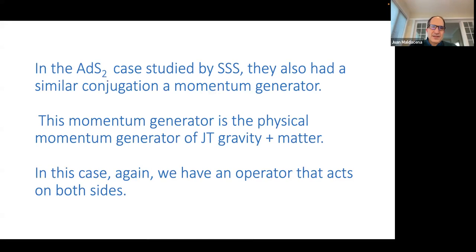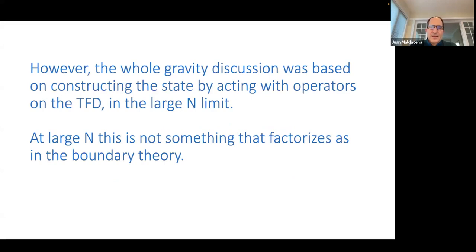Now, also in the AdS2 case, they had a similar conjugation by a momentum generator, and this momentum generator, if we view it as the physical momentum generator of JT gravity plus matter, again, we have an operator that acts on both sides. So the gravity discussion was based on constructing the state by operators that acted on the thermofield double in the large N limit.